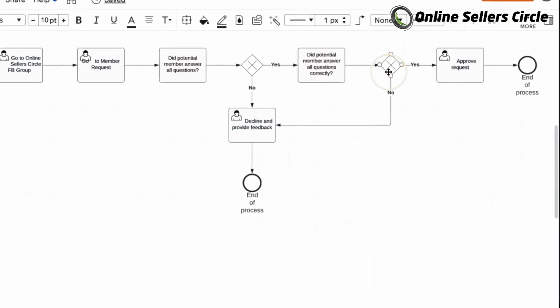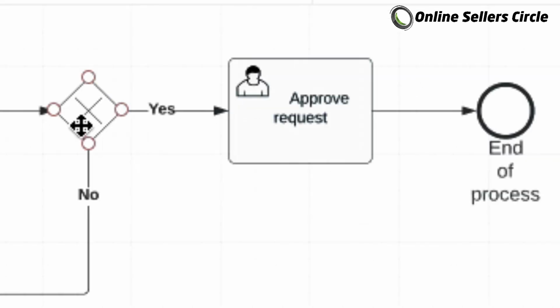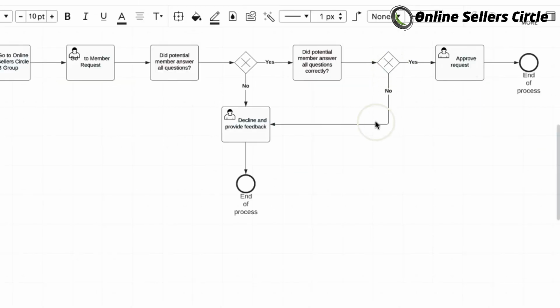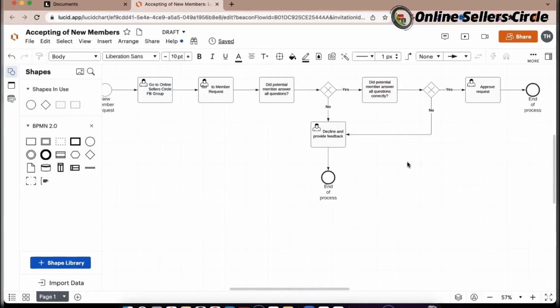So the next gateway is that, did potential member answer all questions correctly? It's again another yes or no question. So if it's a yes, you approve the request and that's the end of the process. And if it's a no, again, you decline and provide feedback and that's the end of the process as well. Sometimes there are processes that would give you two different end process scenarios, like this one.